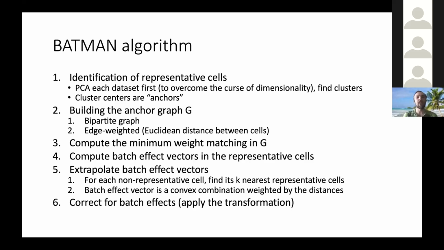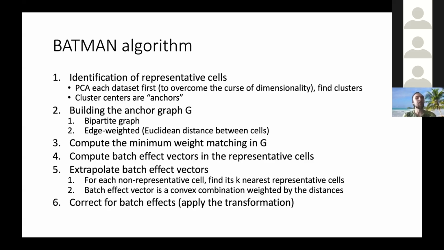Now we run PCA on each data set first. We find principal component analysis, not in the shared space, but just in order to avoid the curse of dimensionality and find a good clustering. And then we use the cluster centers as those representative cells.